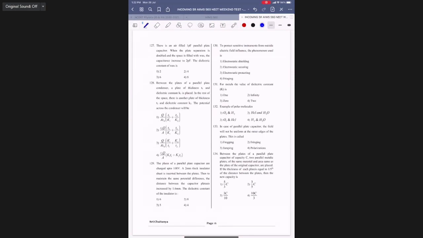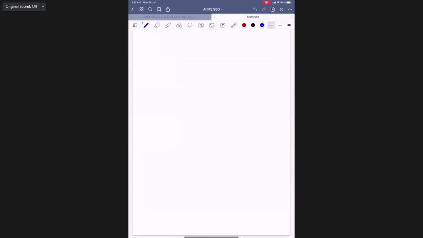This week what is our syllabus? Capacitors, combination of capacitors is there. From capacitance, principle of capacitor to effect of dielectric.